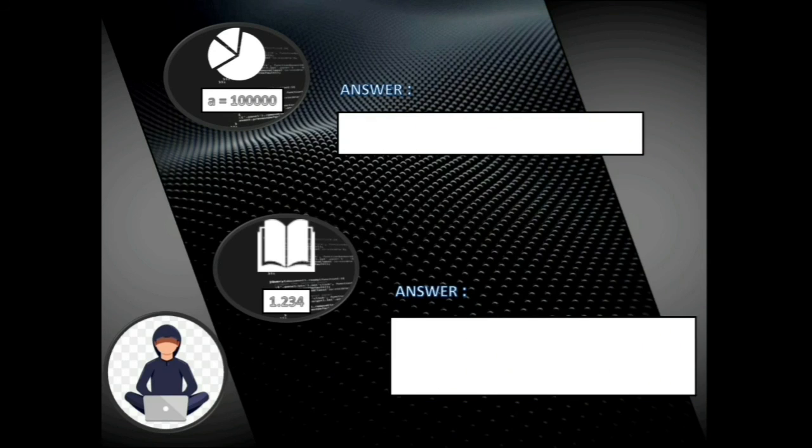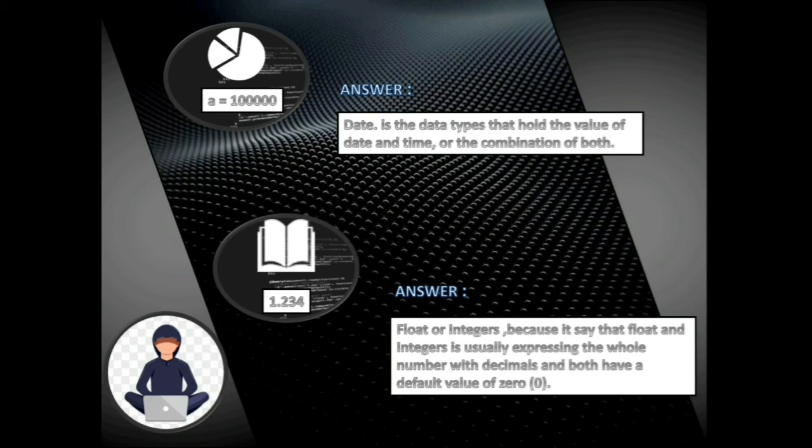Answer: Date is the data type that holds the value of the date and time, or the combination of both. 1.234. Answer: float or integers, because float and integer usually express whole numbers with decimals, and both have a default value of 0.